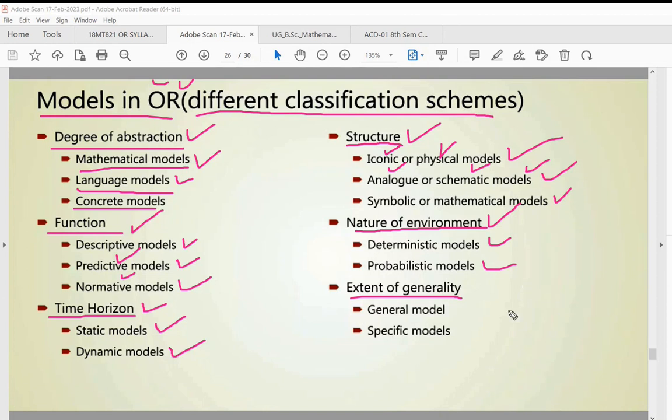Then the seventh one is extent of generality. In this, depending on specific operations or general operations, we define them. Those are called general models or specific models. Based on our requirement, how we are going to function and operate, that will define it.